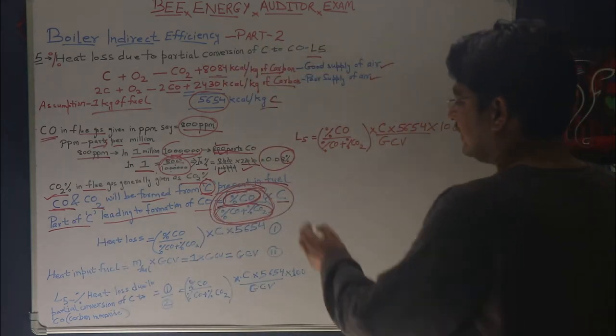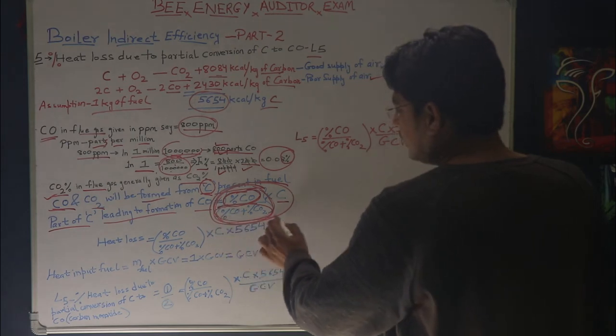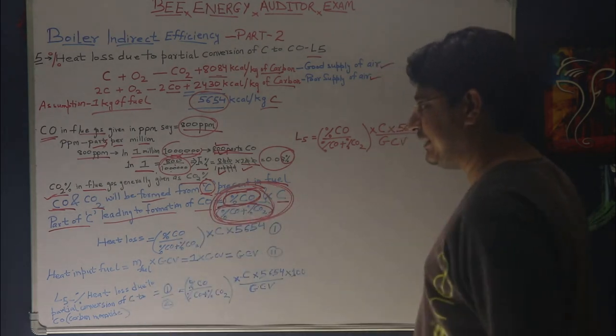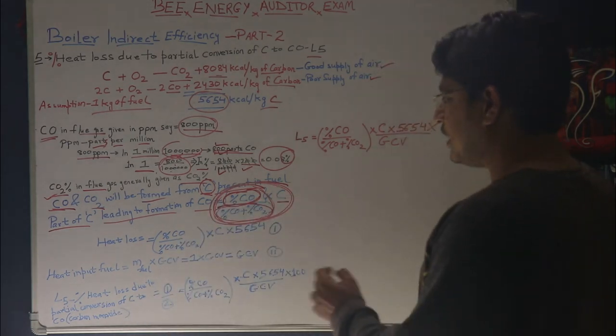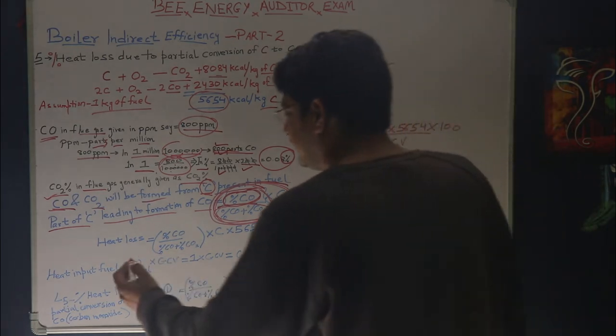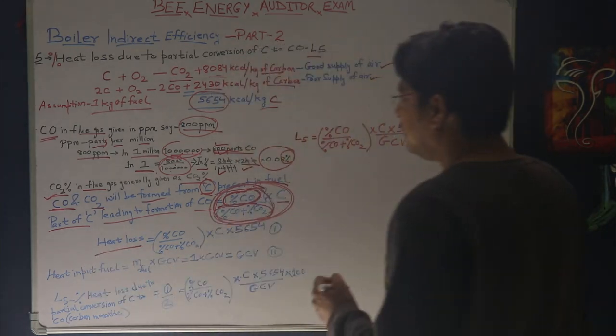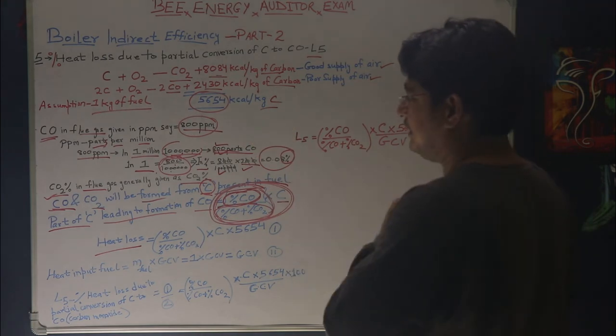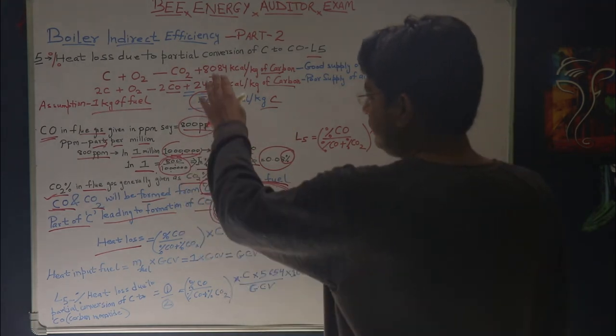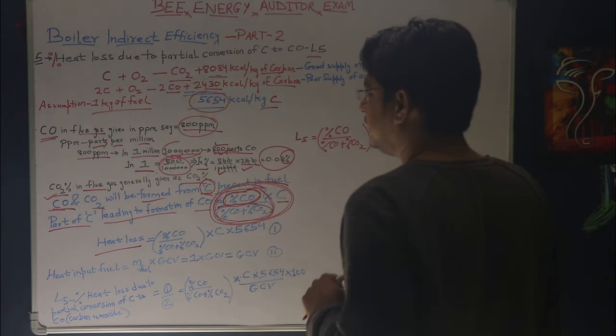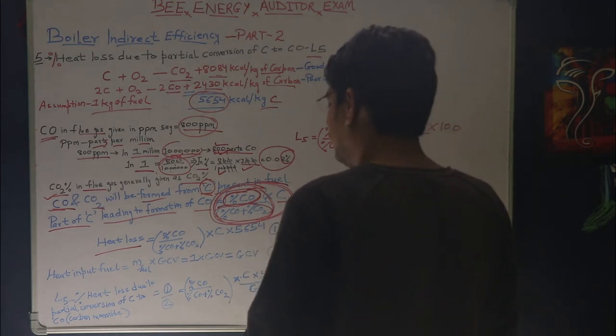So now when I have calculated the amount of carbon which has resulted in the formation of carbon monoxide, I can easily calculate my heat loss, because from 1 kg of carbon the heat loss, as we can see, is 5654 kilocalorie of heat energy.